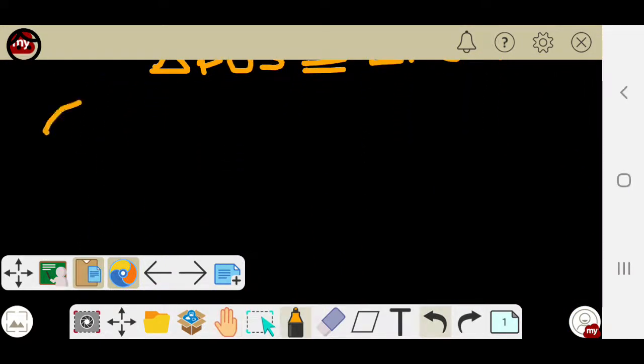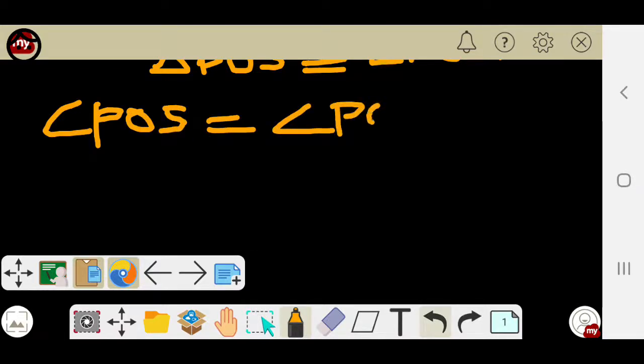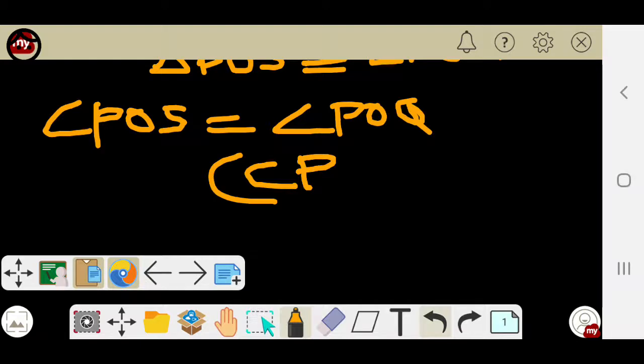That is corresponding parts of congruent triangles, in short form CPCT.